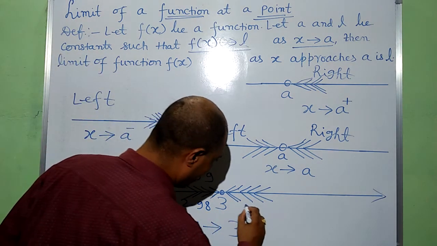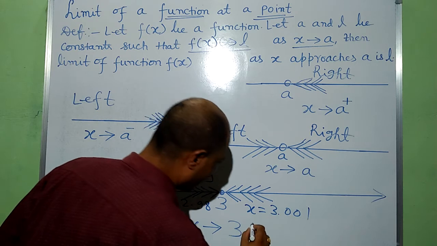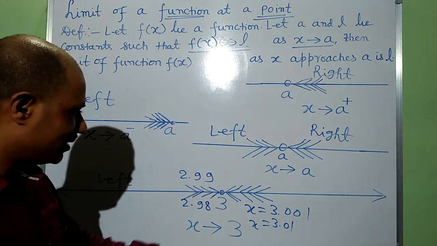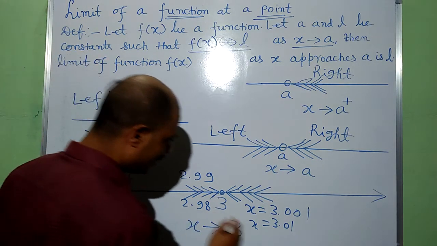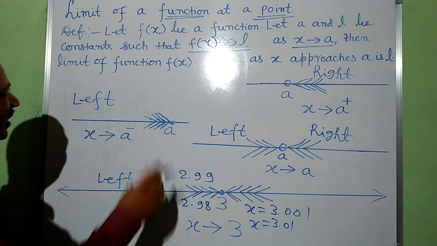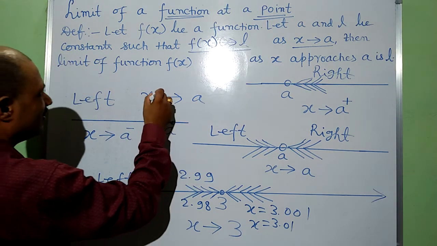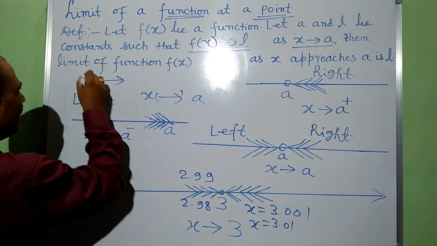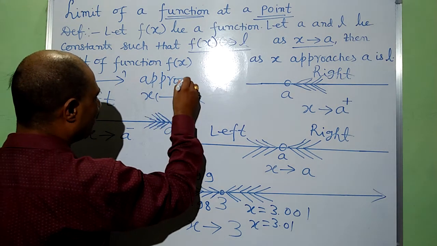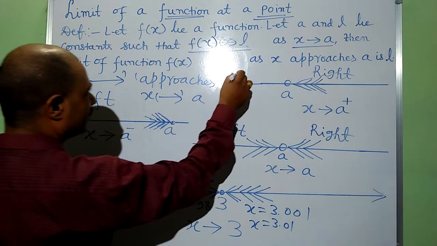When we put the value of x as 3.001 or 3.01, it means x is approaching 3 from the right side. This is the meaning of x approaches a. We read this symbol as approaches or tends to.